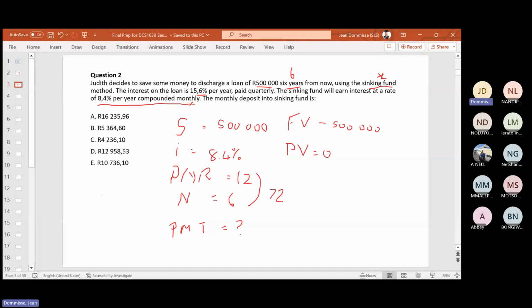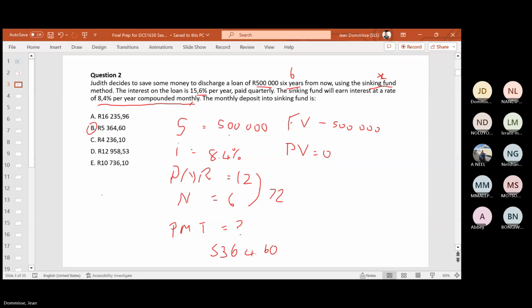Then it is 8.4% interest. And the only thing that we need then is to work out the PMT. So your payments will be 5364.60, which is option B.